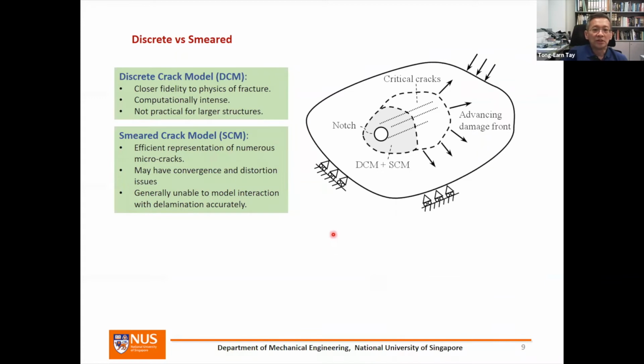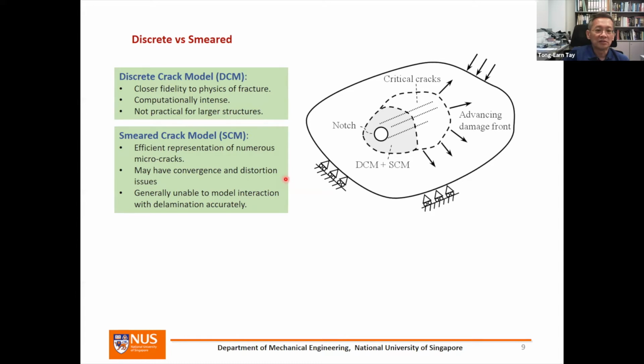A problem with the discrete crack model, despite its closer fidelity to the physics of fracture, is of course that it is computationally intense and not practical for large structures, because you have to basically model millions and millions of cracks. That's not practical at all. On the other hand, the smeared crack model, although an efficient representation of numerous micro cracks, suffers from several drawbacks.